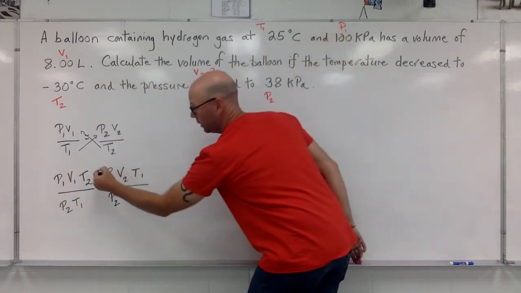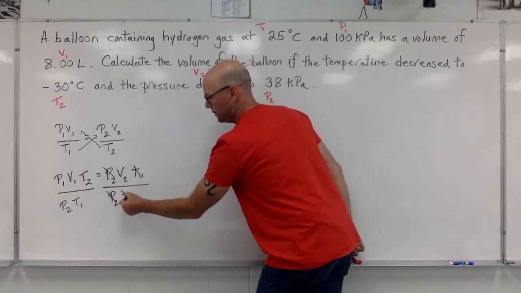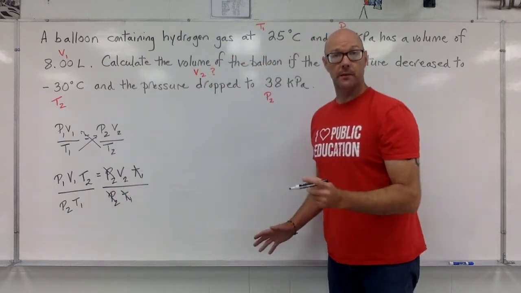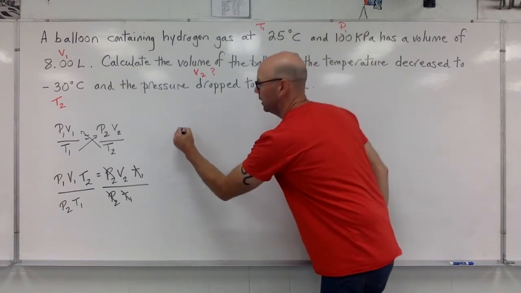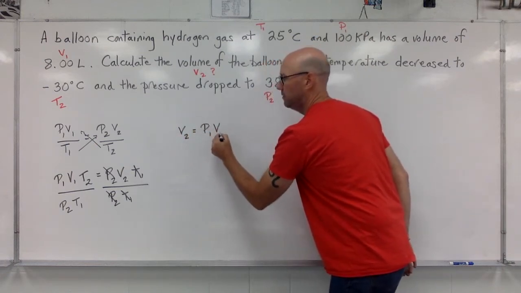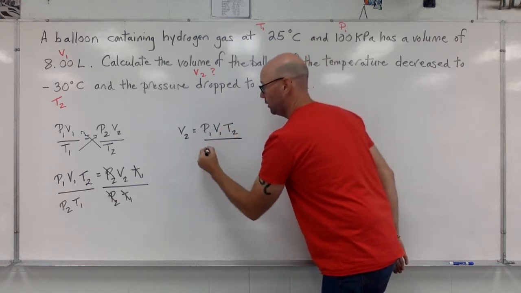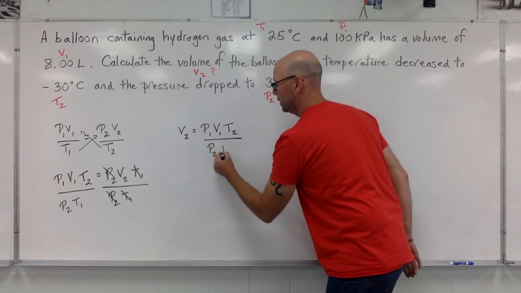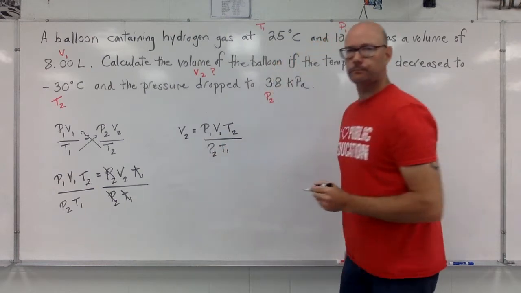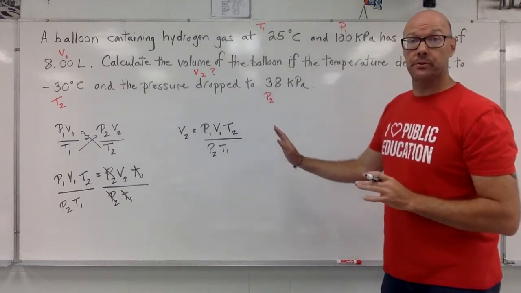And now, here the P2s cancel, and the T1s cancel, which leaves me, by formula, V2 equals P1 V1 T2 over P2 T1.